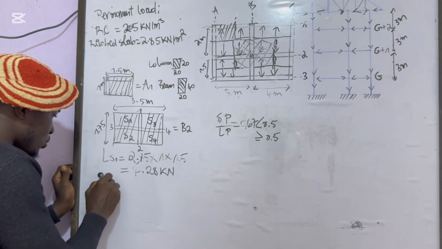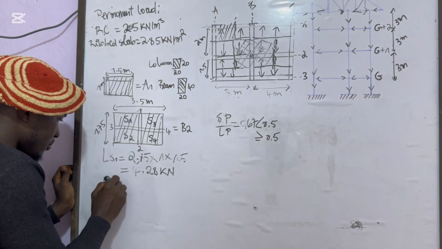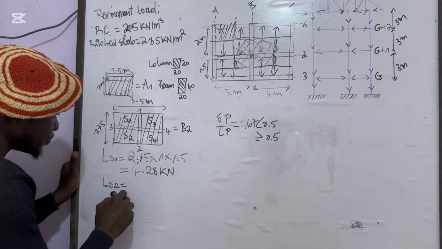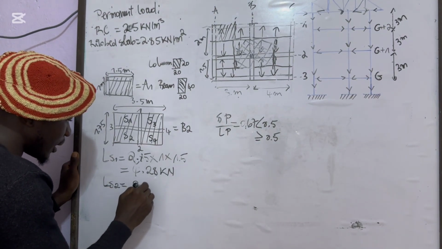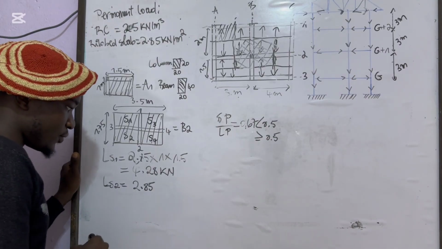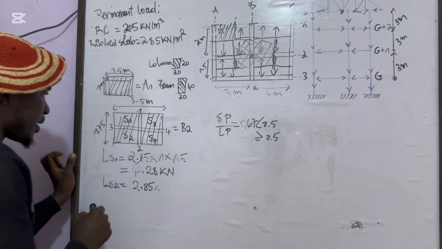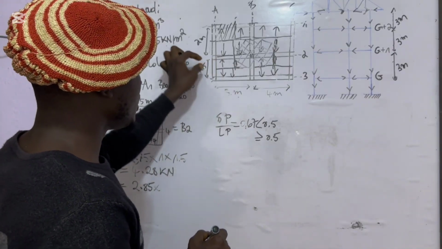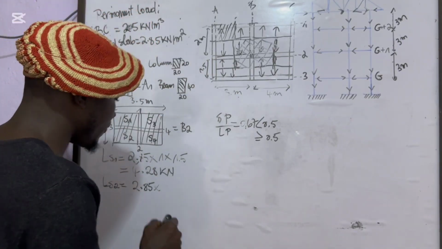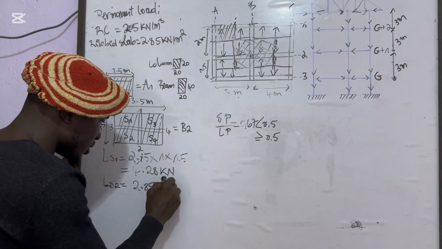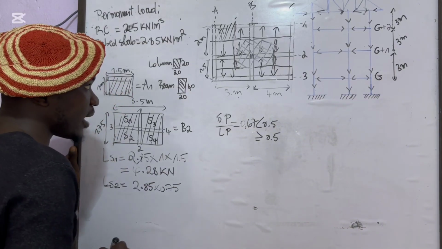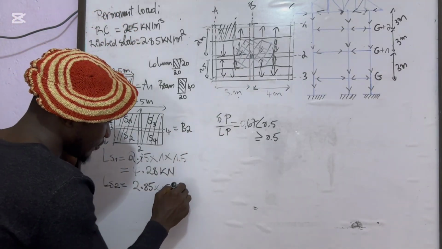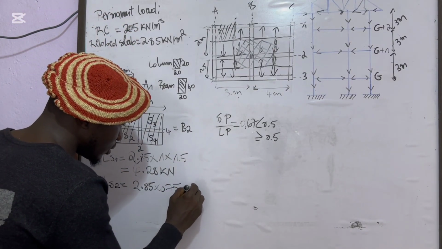If we look at the load given by surface area 2, we'll be having 2.85, the self weight of the ribbed slab, multiplied by the width, which is half of the span of 1.5, so 0.75. Multiply by the length, which is half of the span of 3 meters, which is 1.5.